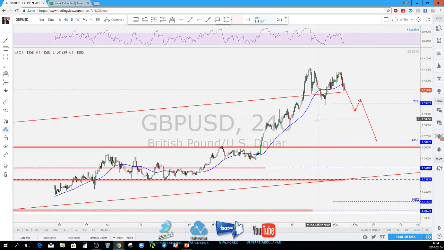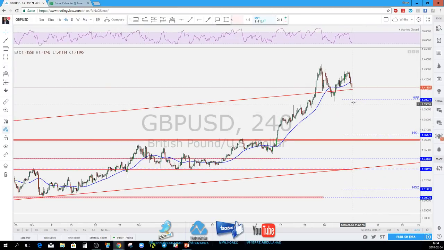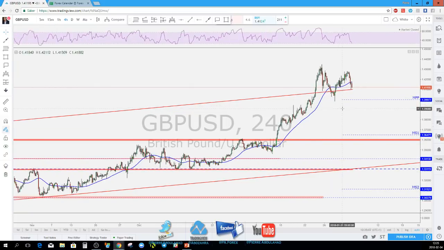And usually when we get such a very strong movement to the upside, we may see some consolidation. So I'm not sure that we may see a very strong movement to the downside. We may see some sideways market going down in a slow and boring way.